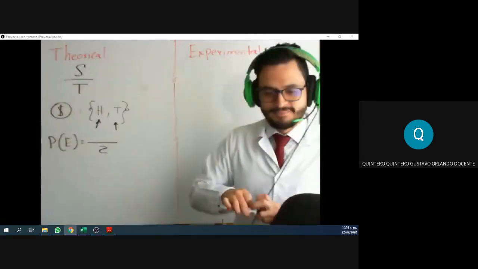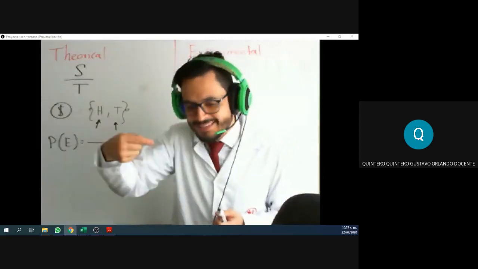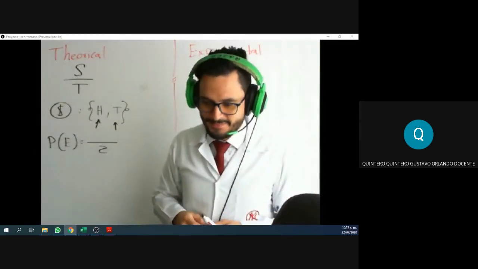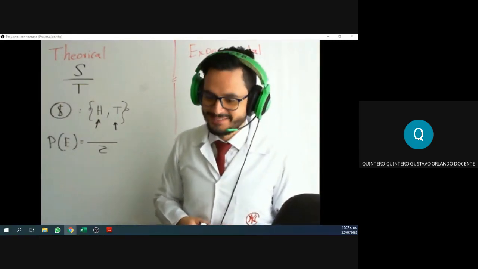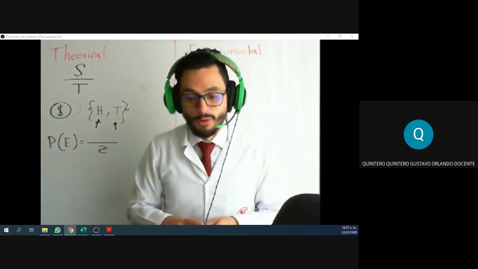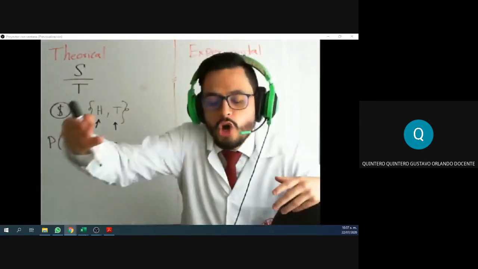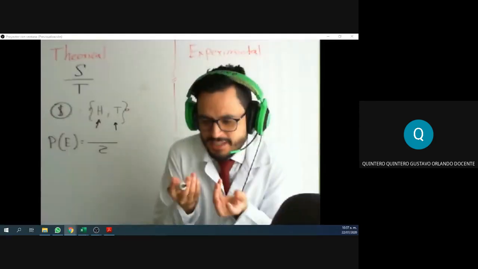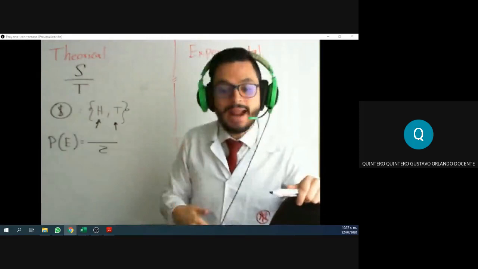Sure, some of you might say, but teacher, what if my coin lands standing vertically? I mean, really? Can that really happen? No, for real, no. Because if for real your coin could, maybe, perhaps land vertically, then we should count that as a possibility.